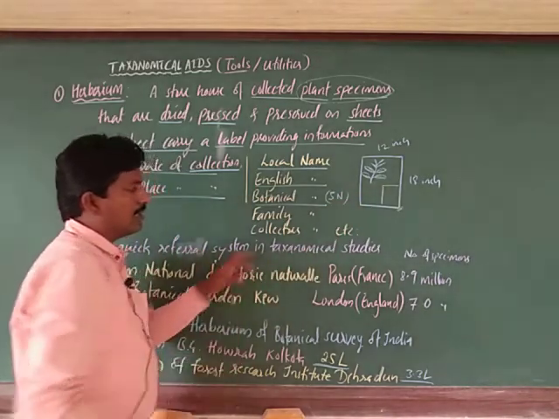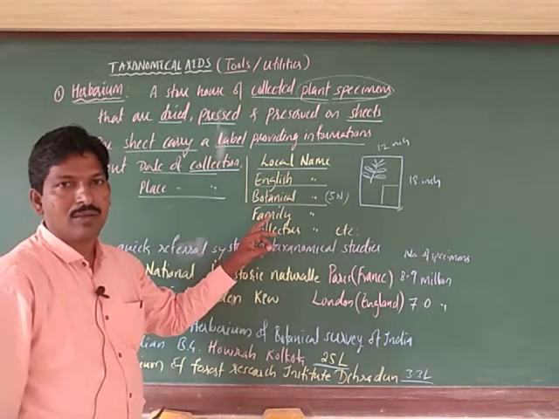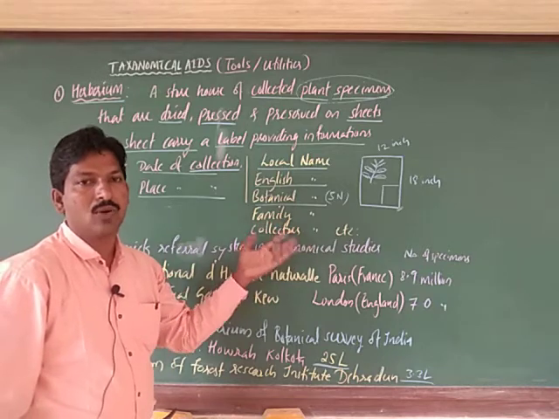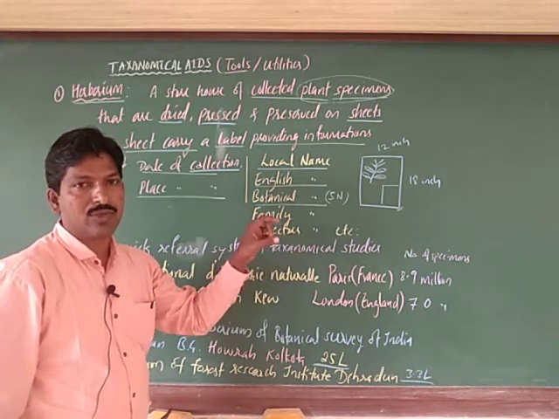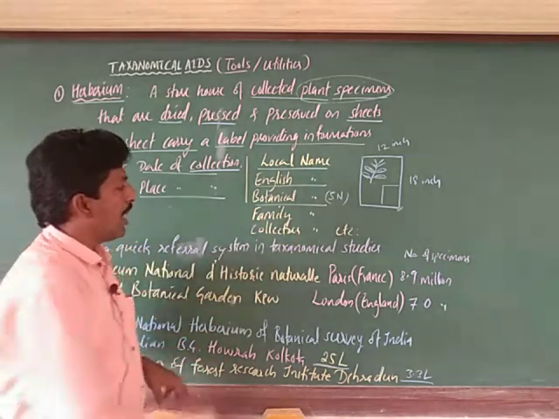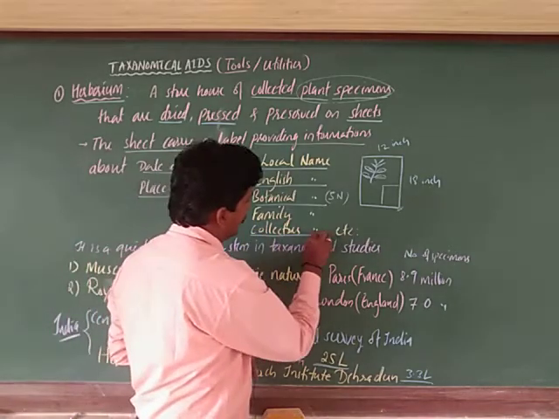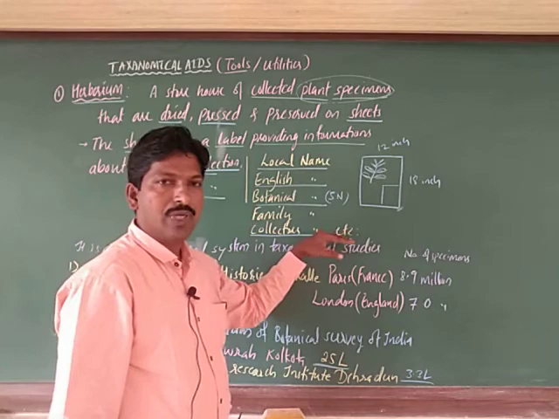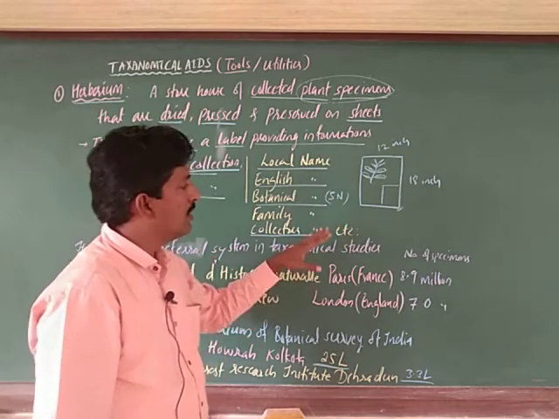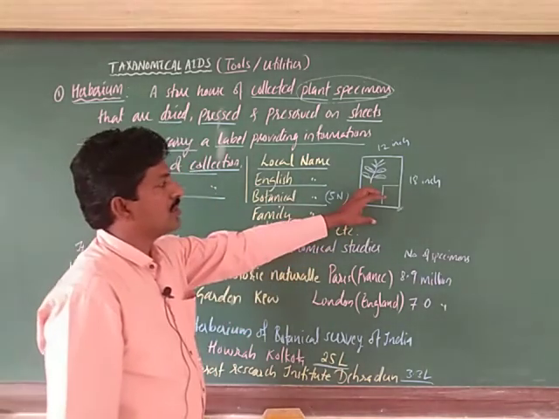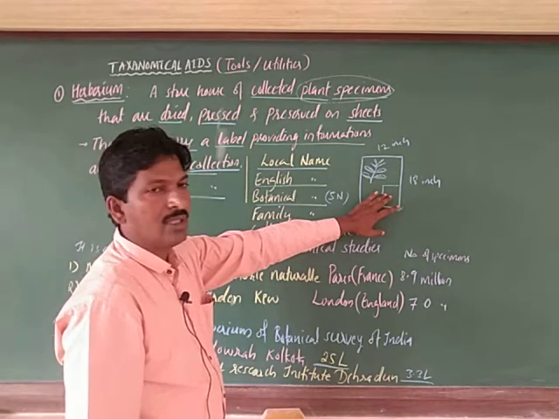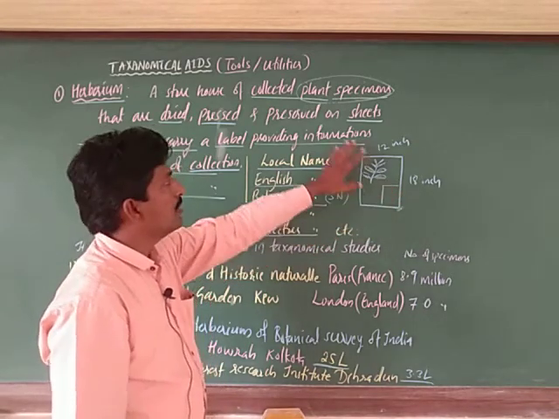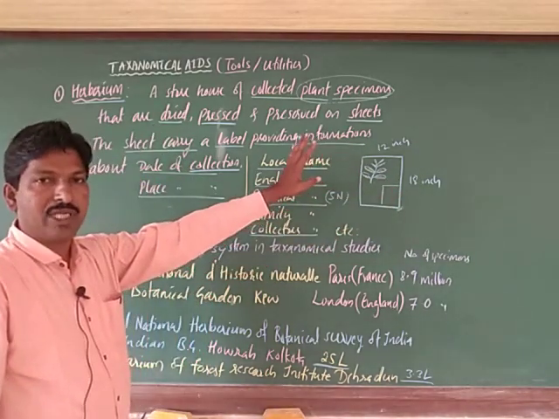Next the family name, for example Anacardiaceae for mango, only we should write Anacardiaceae as the family name, and even the collector's name. If any extra information, we can put that also. Such information should be provided on this card sheet, that is called herbarium sheet.